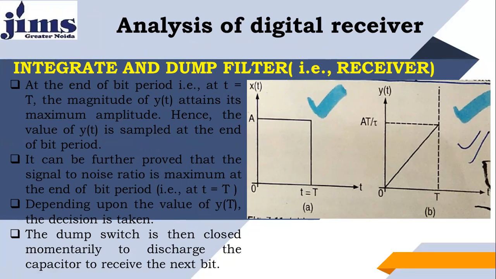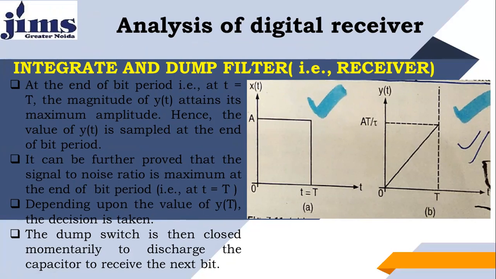So this AT/tau is the maximum voltage, and it appears after the full time period of 1 bit, right? Hence, the value of y(t) is sampled at the end of the bit period, right?